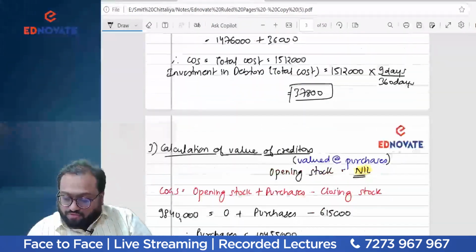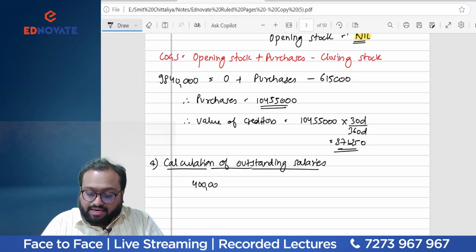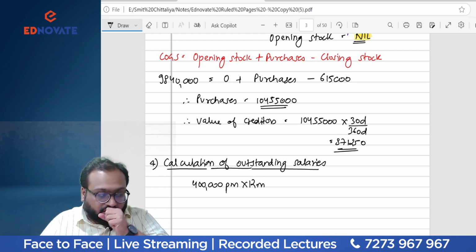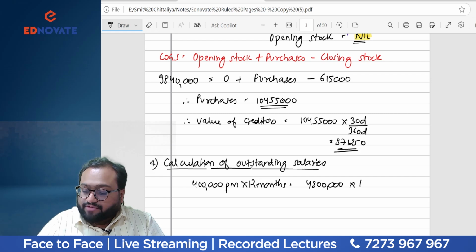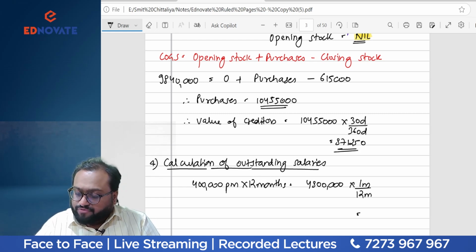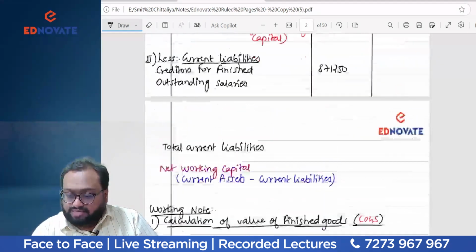If I want to find out the value of outstanding salary, I'll say 4 lakh is my salary per month into 12 months. It will be 48 lakhs, and it is outstanding for 1 month. So into 1 month divided by 12 months, of course, it will be 4 lakhs. So this is my amount of outstanding salary. I'll write down my outstanding salary as 4 lakh, boys and girls.